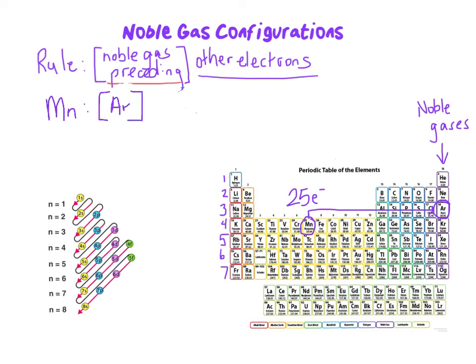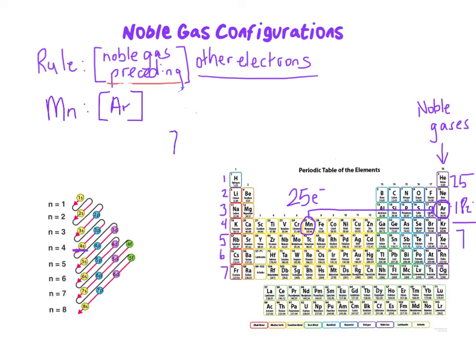Then I need to do the other electrons. So I look at the row that manganese is in, which is 4. So I'm going to start here at 4s, and I have 18 electrons from argon. So 25 minus 18 means I have 7 more I need to configure.